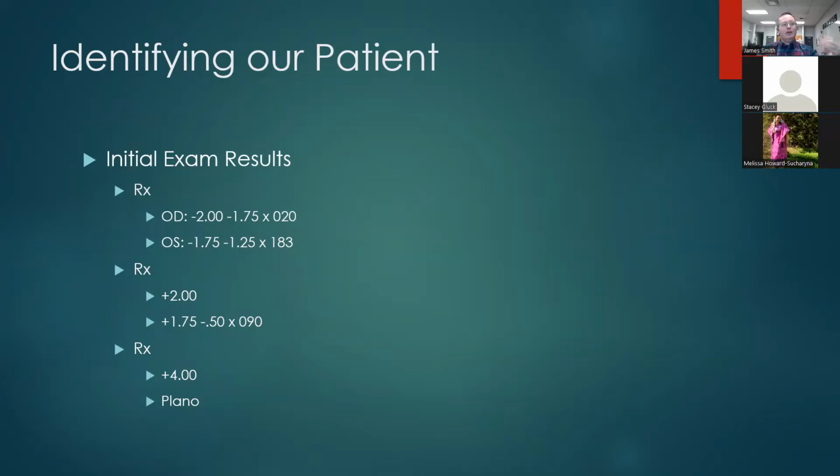Now, the second one, a +2, a -1.75, they have just a little bit of cylinder. This is the child that a lot of times won't bring their glasses, okay? They can see pretty far, and they really don't care about near. Maybe as a child, they still have a whole bunch of accommodative capability, or they just get used to blur.